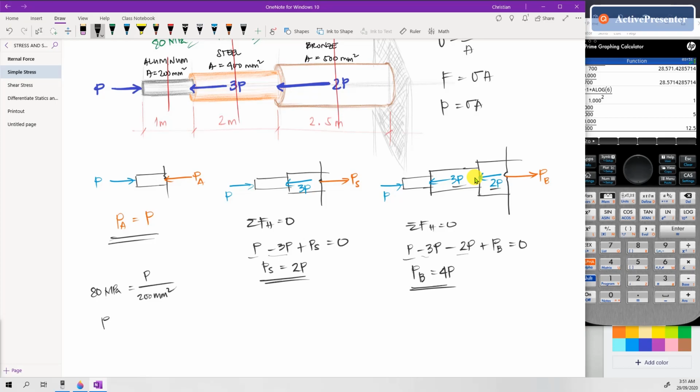Then force P, yung allowable force P sa aluminum natin will be, so 80 megapascal times 200 millimeters squared. So we have 16,000 Newton.